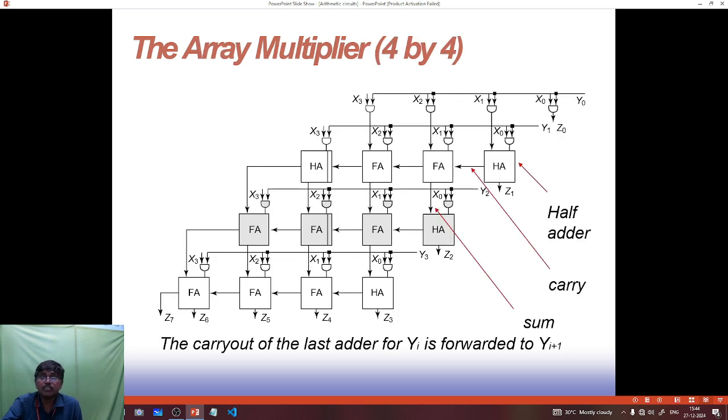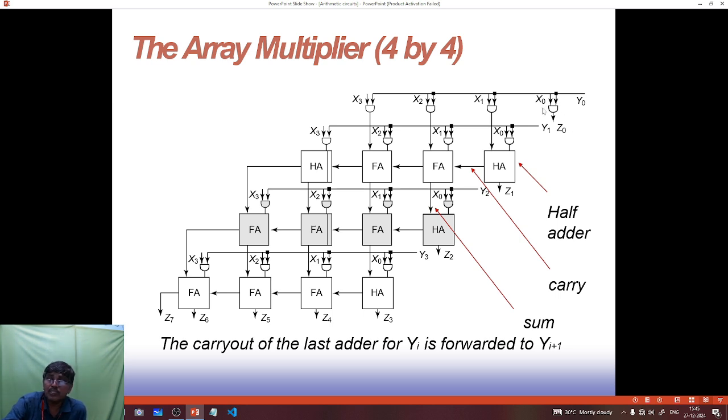Now this is the 4 cross 4 array multiplier. There are inputs x0, x1, x2, x3 and y0, and here there is a z0 value.